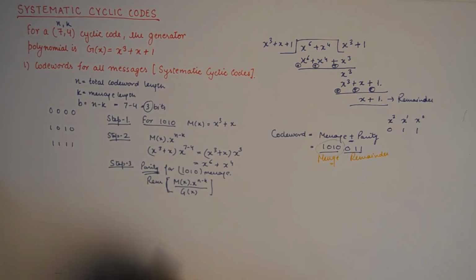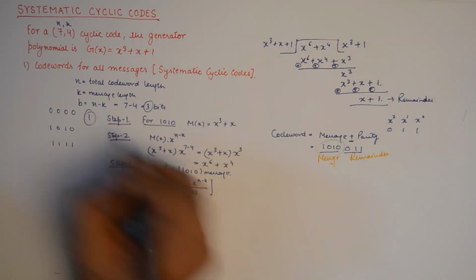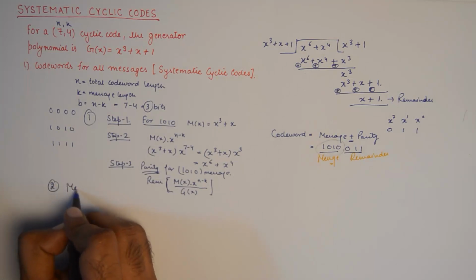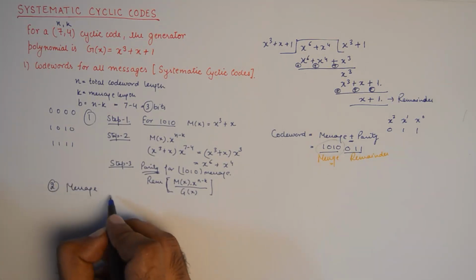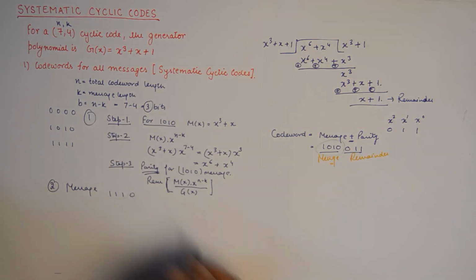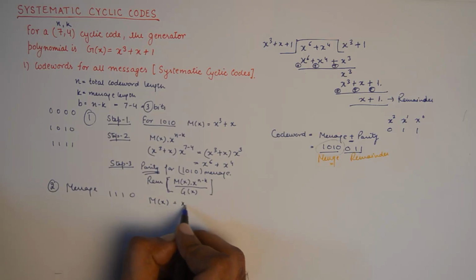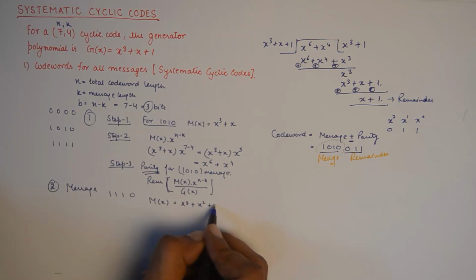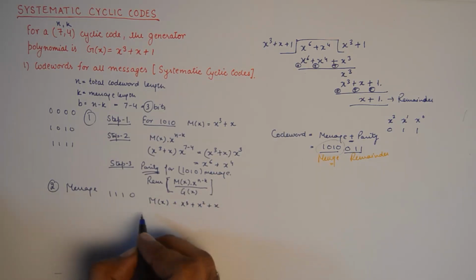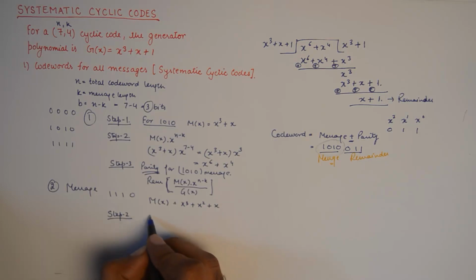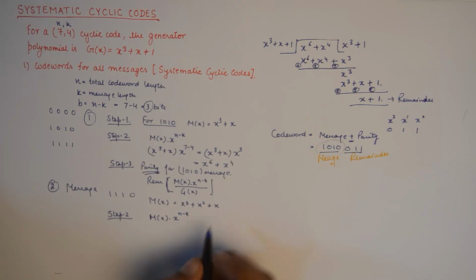Let's take up another. This is 1, and I'll take up another message, for example 1110. So in case of 1110, m(x) will become x cube plus x squared plus x, and in step number 2 I'll generate m of x into x raised to power n minus k.